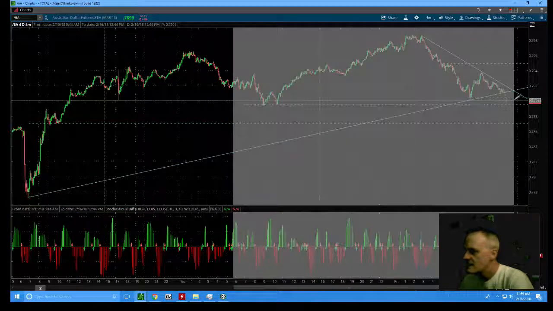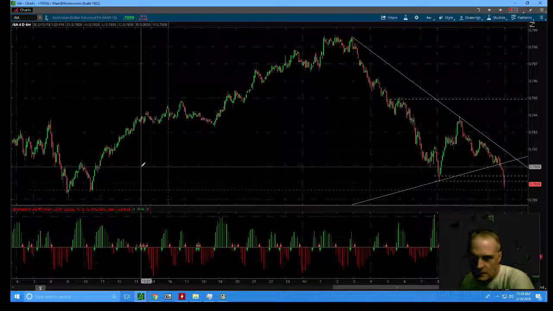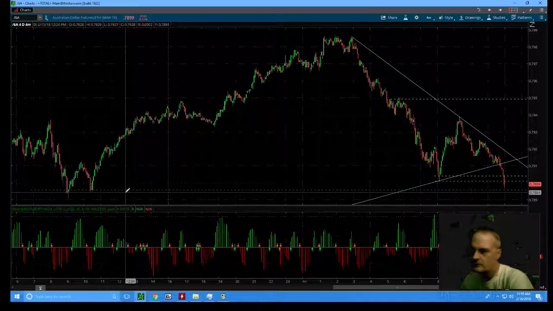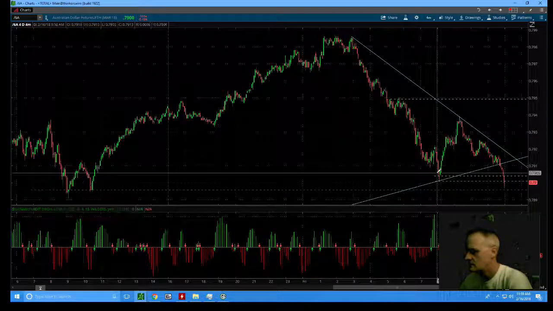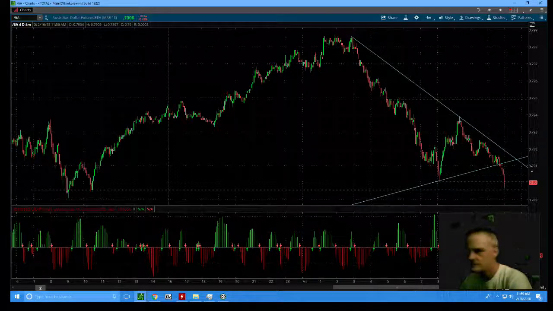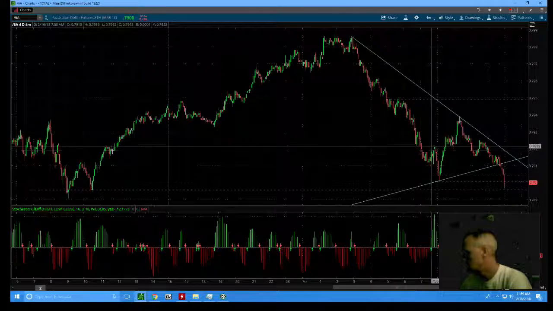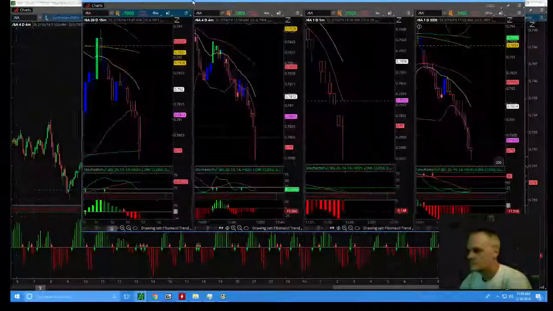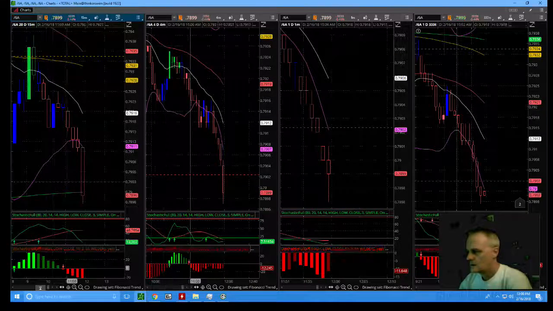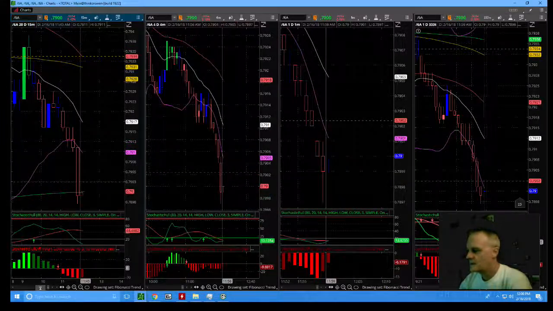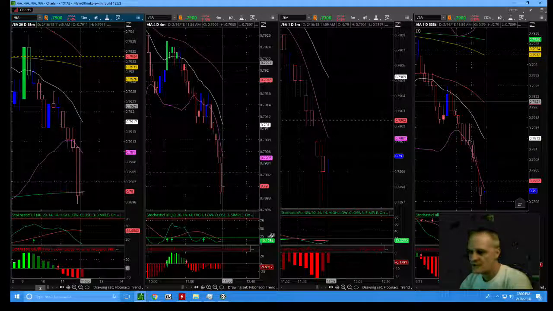And all this is taking information that the market's giving you for free and interpreting it. Now, right now, we've got a potential bounce, so we may have another opportunity to short this again.